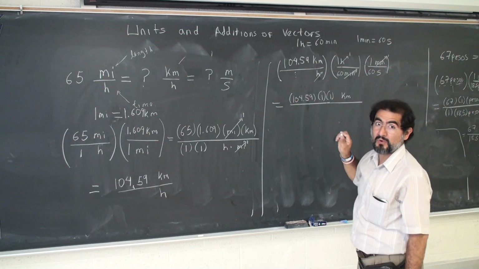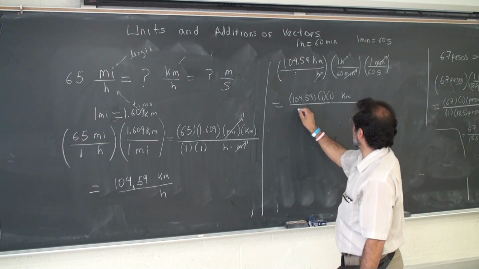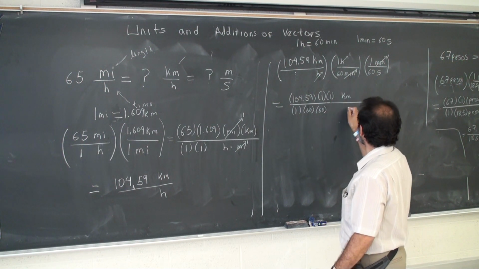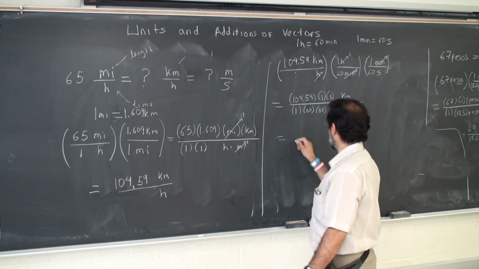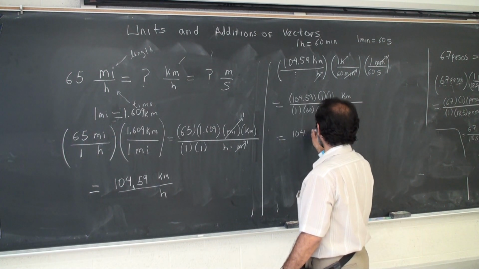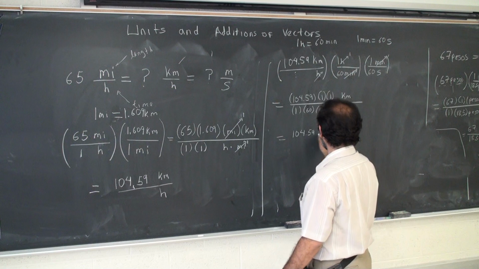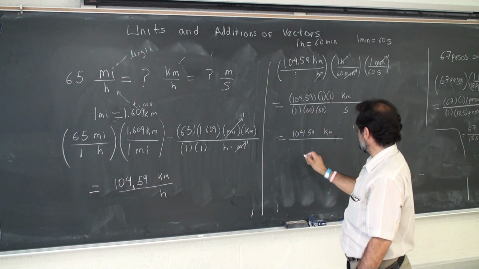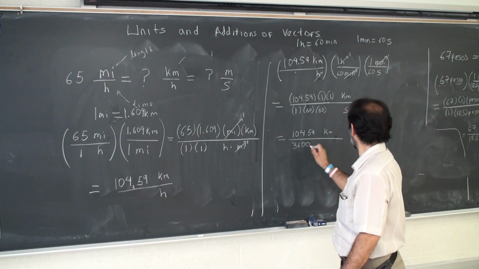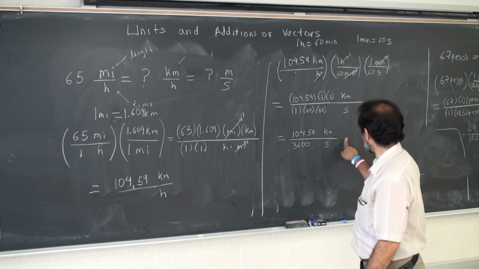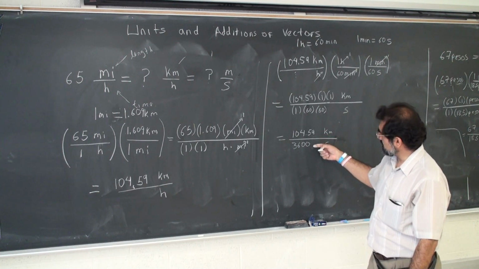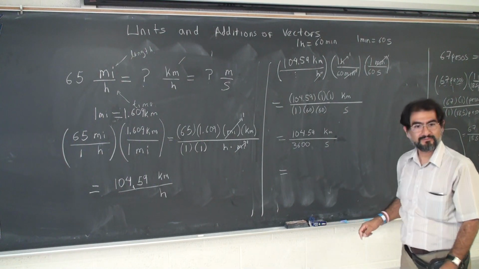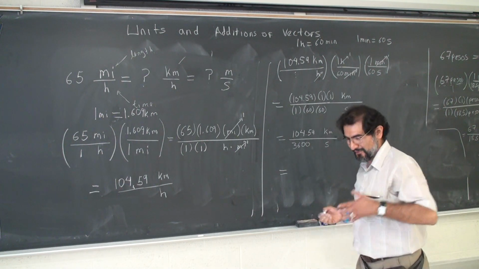Remember that we can divide by 1 without affecting the number. 1 times 60 times 60, and we have seconds. 1 times 60 is 60, and times 60 is 3,600 seconds. I can make the division, numbers with numbers, and I'm going to get 1 second.